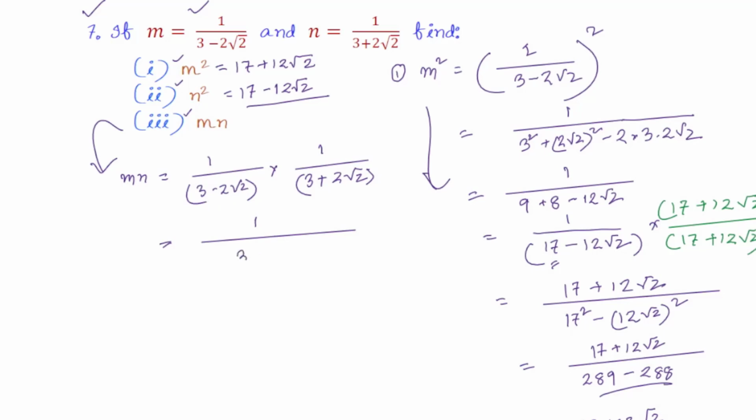So this is a square minus (2 root 2) square, 1 divided by 9 minus 8, which is equal to 1 upon 1, equal to 1. So we get mn is equal to 1.